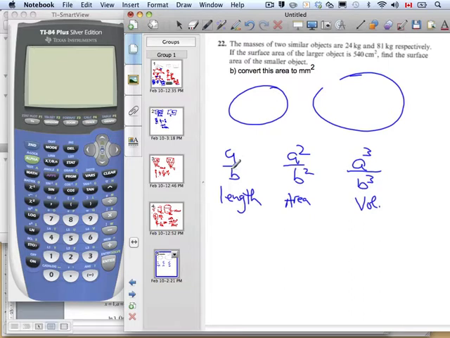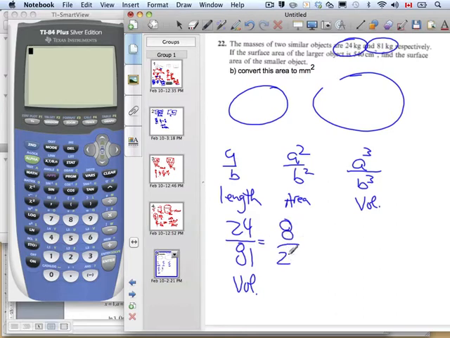In this particular problem, we have 24 kilograms and 81 kilograms, which we can treat as volumes. So I know that 24 to 81 is the proportion of volume. If I simplify that fraction, I can divide both by 3, and that gets me 8 over 27.